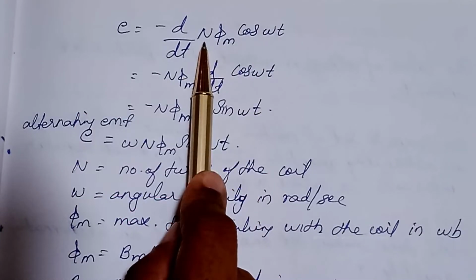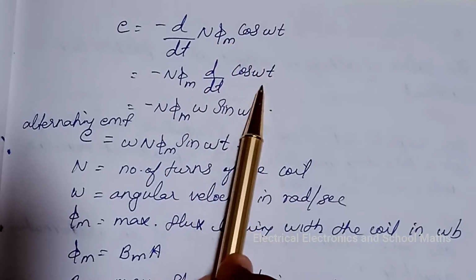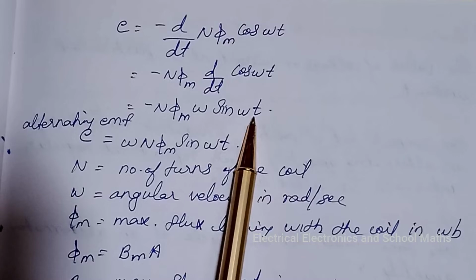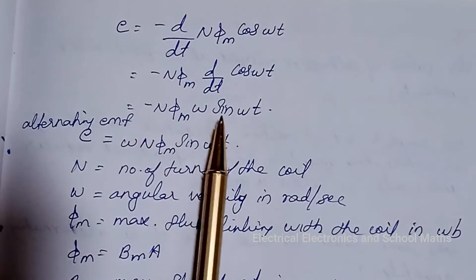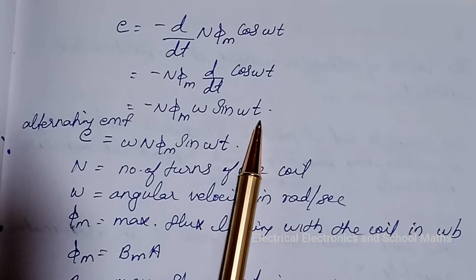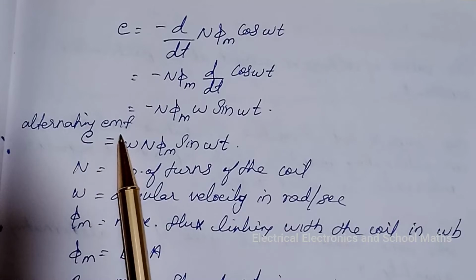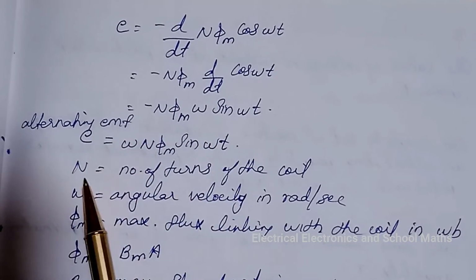Here n and phi m are constants, then take the derivative of cos omega t, we get minus omega into sine omega t. That is e is equal to minus n phi m omega sine omega t. That is the alternating EMF or the instantaneous EMF.